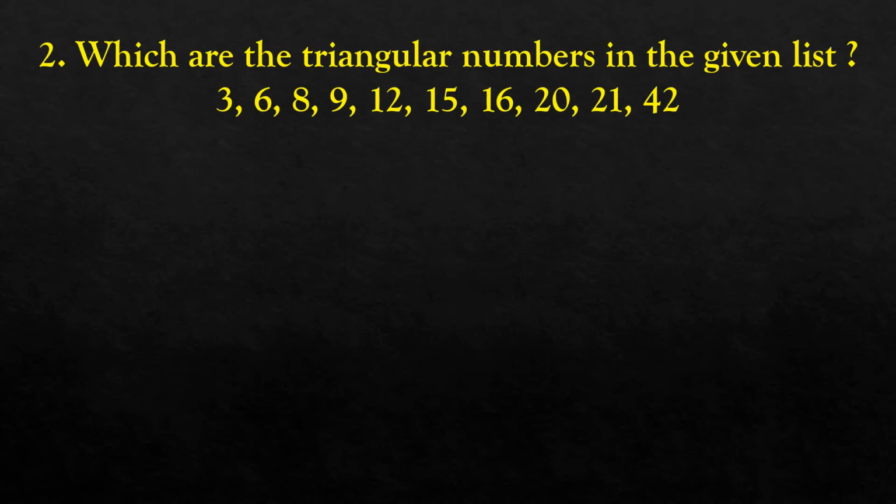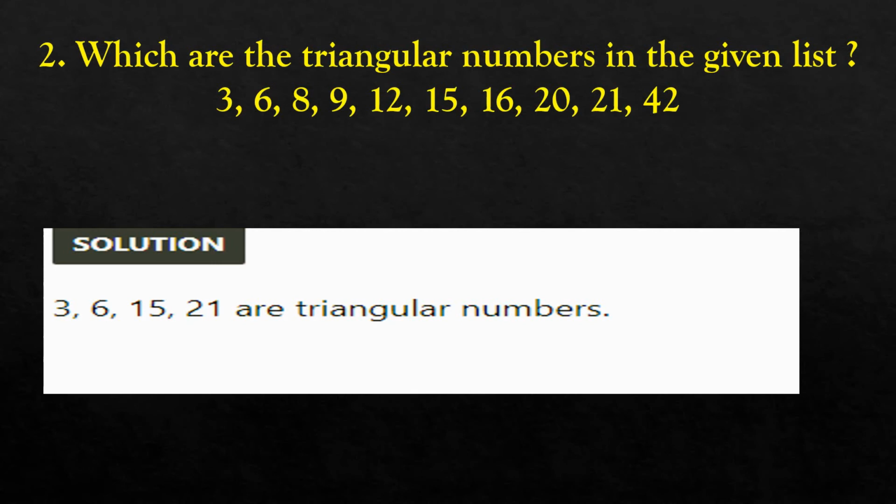So a triangular number or a triangle number counts objects arranged in an equilateral triangle. So you already know that 1, 3, 6, 10, 15 and so on are the triangular numbers. So here your answer will be 3, 6, 15, 21 are triangular numbers.